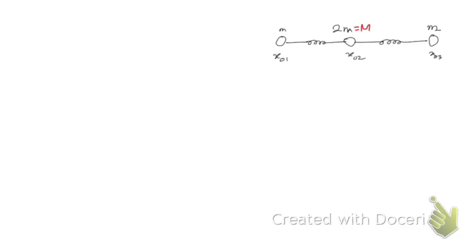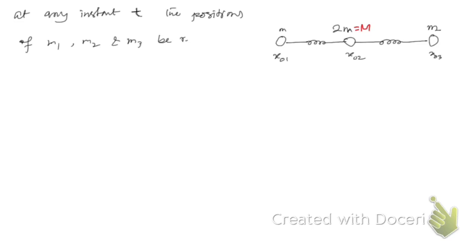Now you see, at any instant t, the positions of m1, m2 and m3 change, and the new positions are, suppose, x1, x2 and x3.